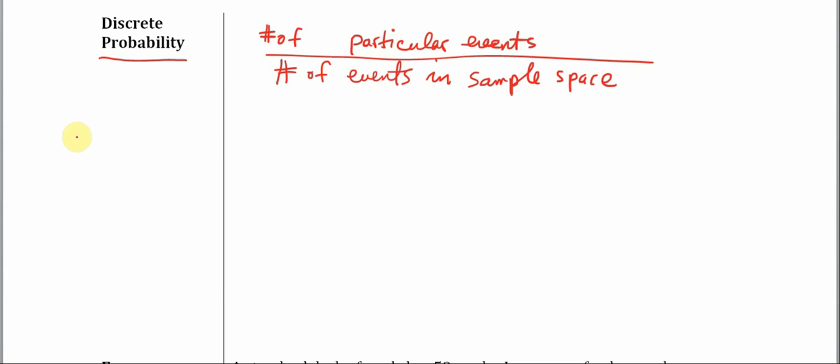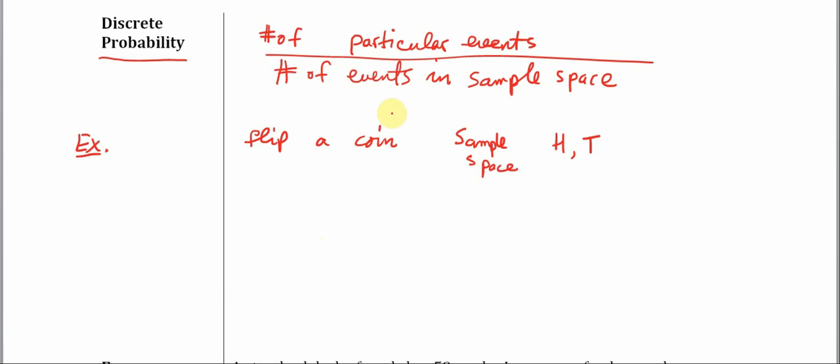Okay, so maybe it helps to look at a few things. Let's say we want to flip a coin, a regular coin. Well, the sample space is as follows. You either have a heads or you have tails.